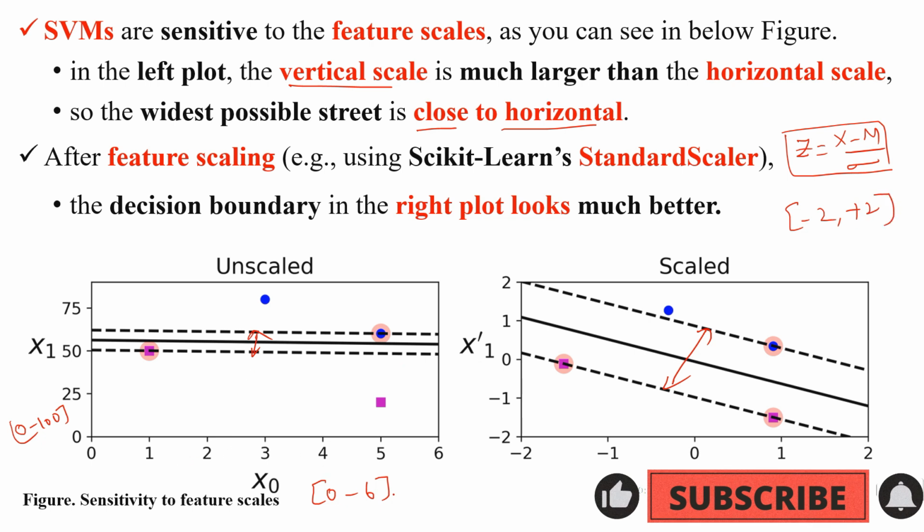Whatever the data points, 0 to 6 and 0 to 100, all are converted to between -2 and +2, and x' is also converted to between -2 and +2. In this case the margin is going to be very high. Whereas on the left-hand side, with no feature scaling, the margin is going to be very small, very close to the horizontal. Like that, we apply linear SVM classification on the given data set.